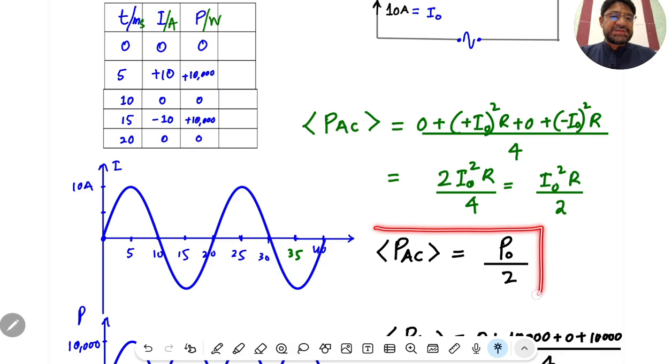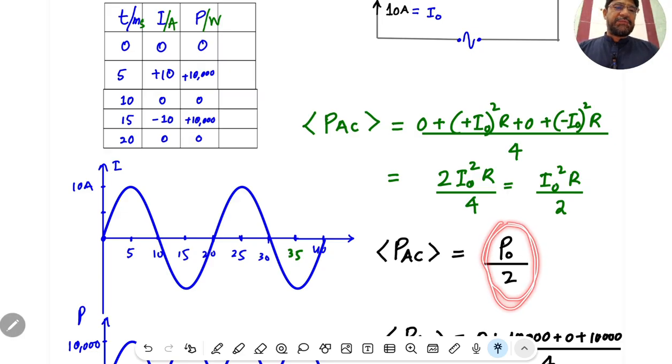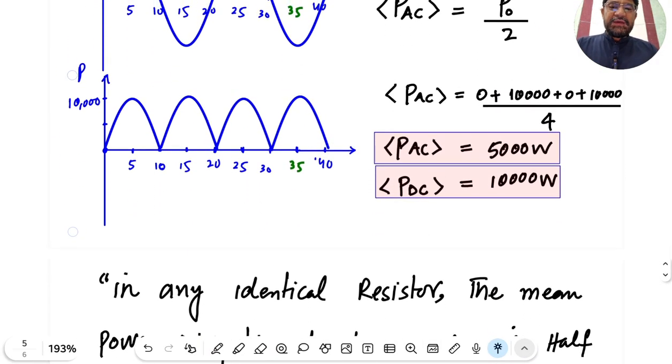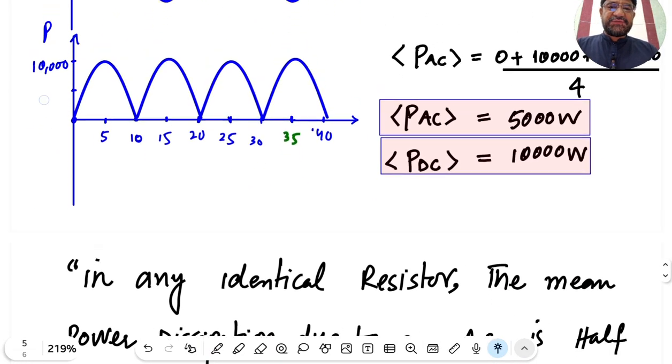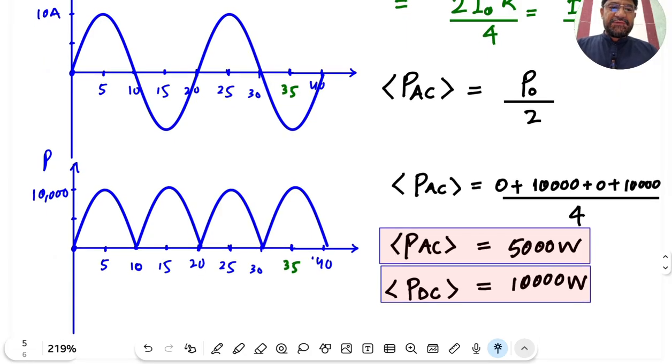So I can simply state this concept that the average power dissipation in any resistor due to an alternating current is equal to its peak power dissipation, the highest power dissipation, divided by 2. Is it clear?